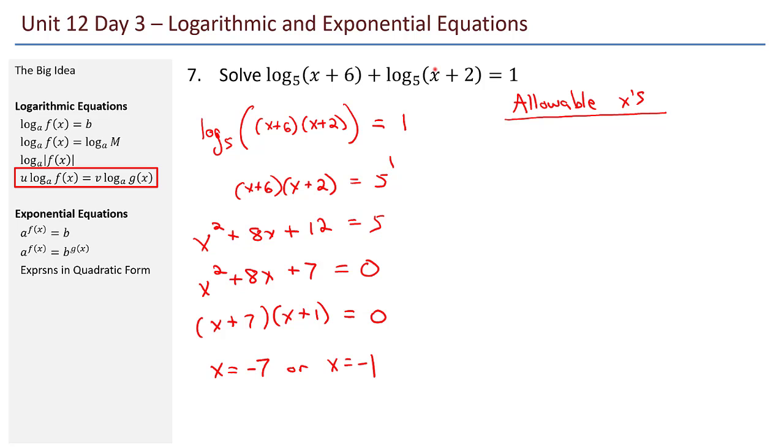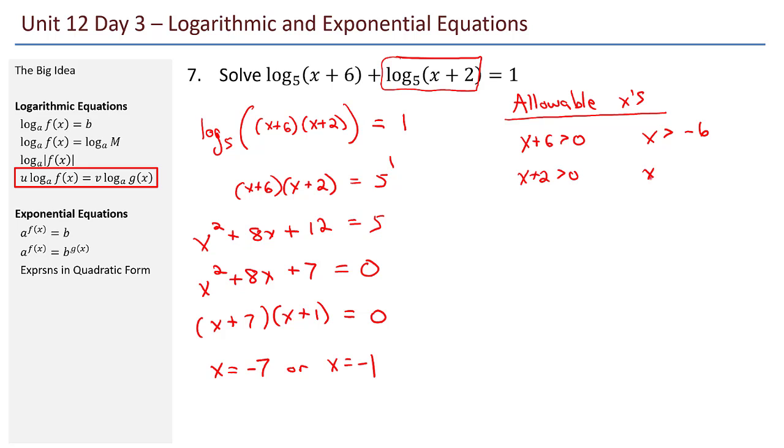In the first log, I know that x plus 6 has to be greater than 0. So this tells me that x is greater than negative 6. In the second log expression, x plus 2 is the argument, so I know that x plus 2 must be greater than 0.